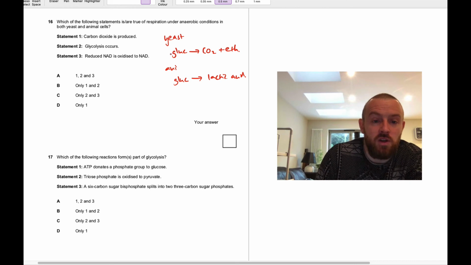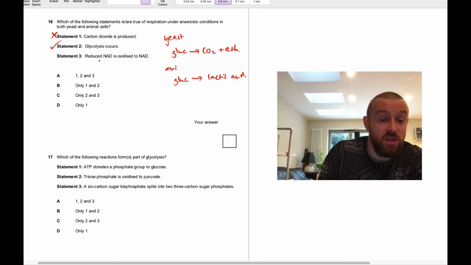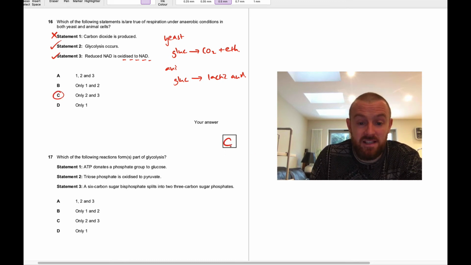Simple. Okay, so carbon dioxide produced. No, not the same for both, because only yeast does that, so no. Glycolysis occurs. Yes. Glycolysis always occurs, and then the fermentation is the extra step, which is needed to oxidize NAD. So that step is also true. So 2 and 3 are correct, so the answer is 16C.